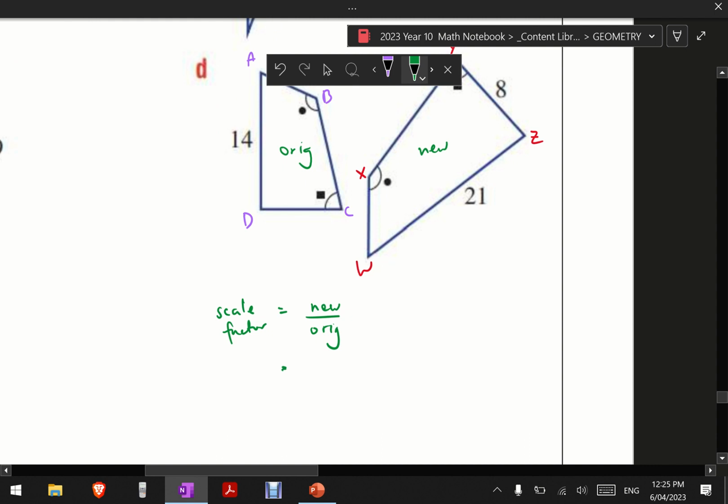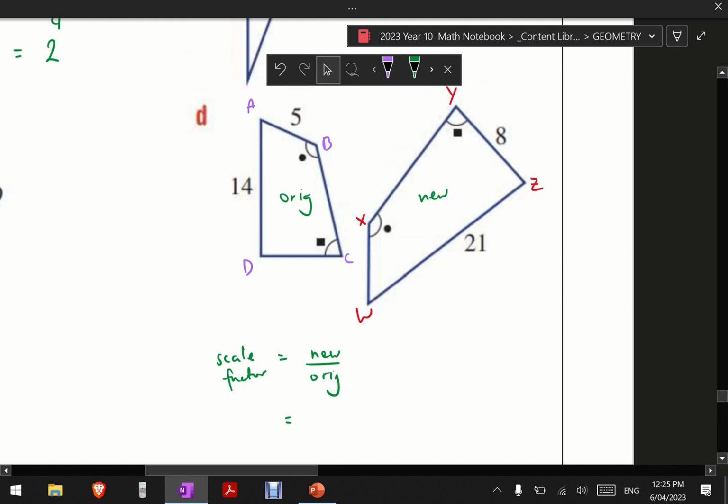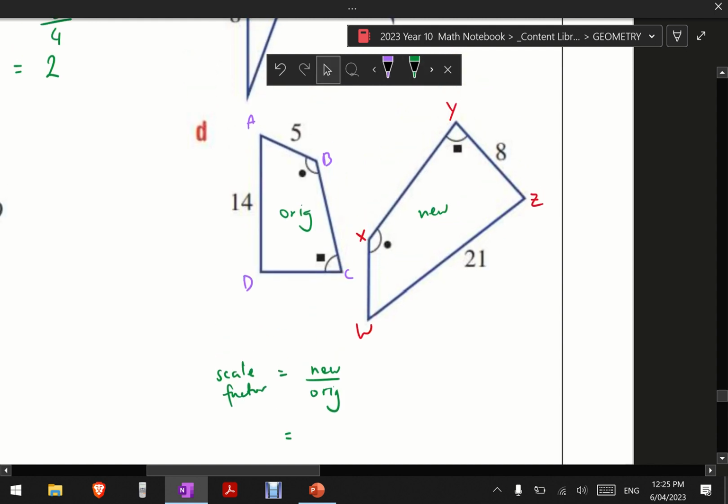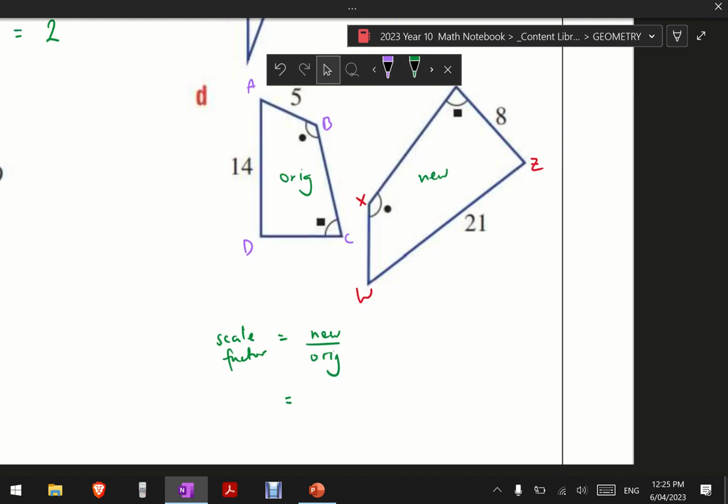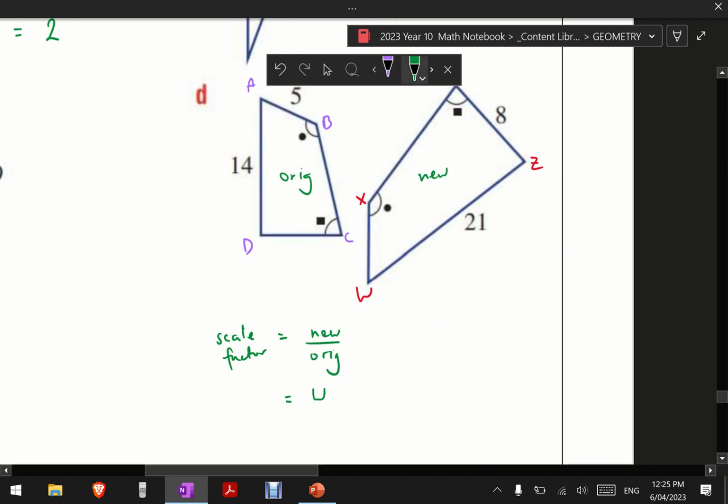In this case, find the corresponding side. So I can see on this shape that the corresponding side I want to use was probably going to be WZ and AD. So let's write that down. WZ divided by AD.